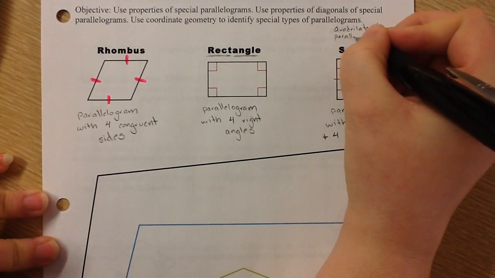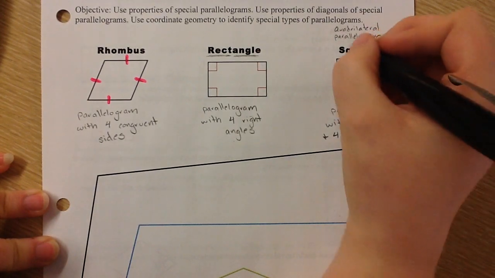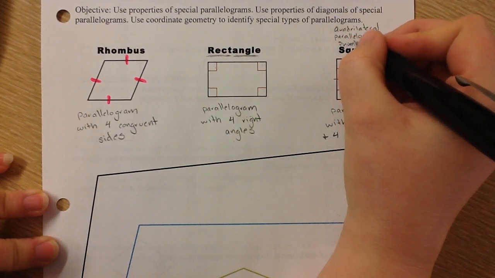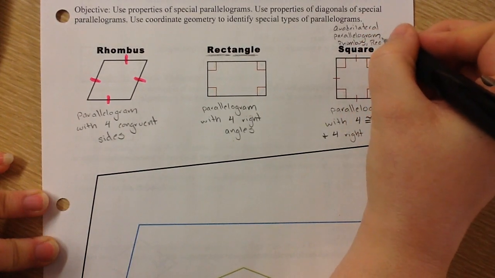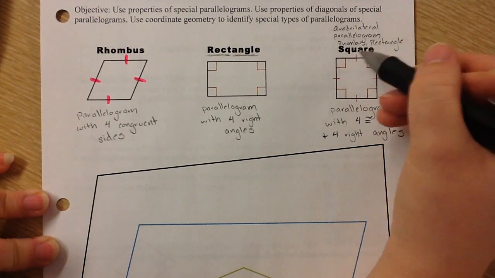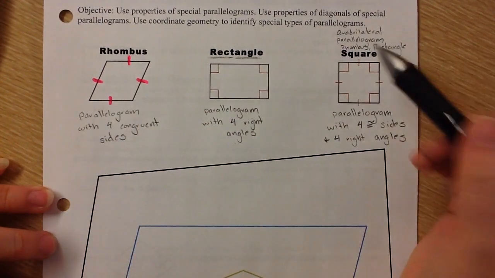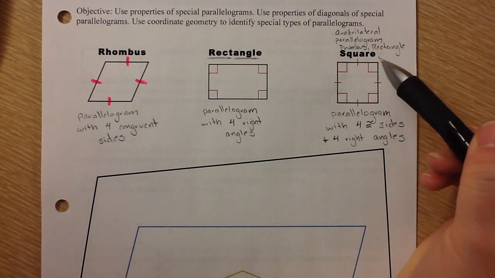Since the opposite sides are parallel, it's a parallelogram. Since all four sides are congruent, it's a rhombus. And since all four angles are right angles, it's a rectangle. And since it is both a rhombus and a rectangle, we can also call it a square. Okay? So all of these words fit this figure right here.